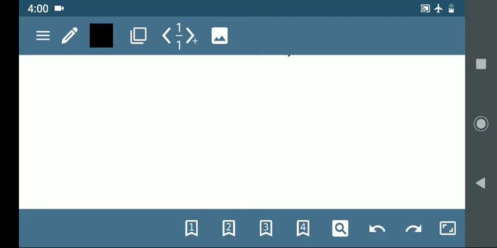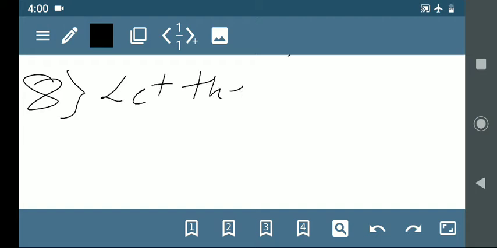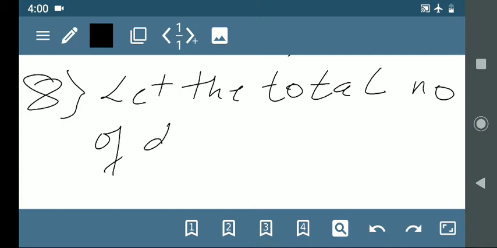So in this question, let us consider the total number of deer to be x. Let the total number of deer be x.